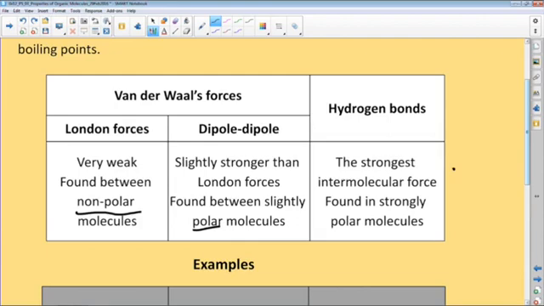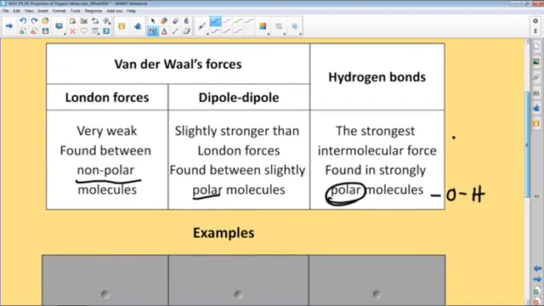And then, of course, we have hydrogen bonds, and hydrogen bonds are the strongest. We find them in polar molecules, but what's important about the organic is there must be an OH bond in there somewhere. So it's either with the hydroxyl groups in the alcohols or the carboxylic acids with the carboxyl group, okay?